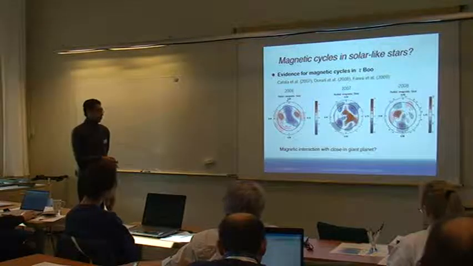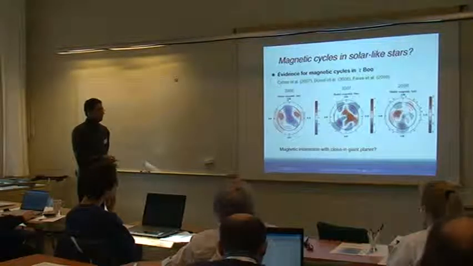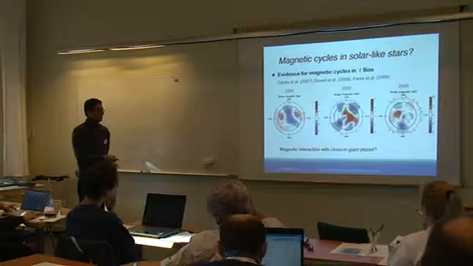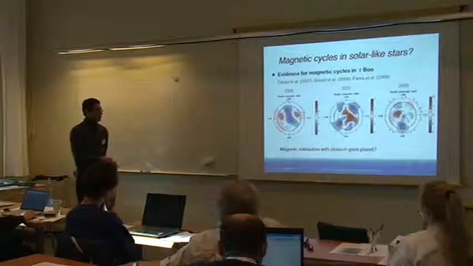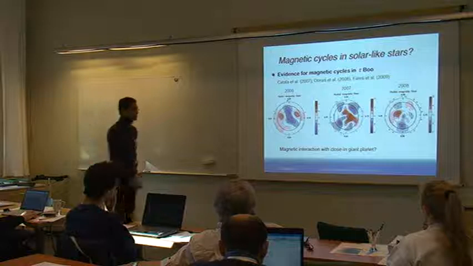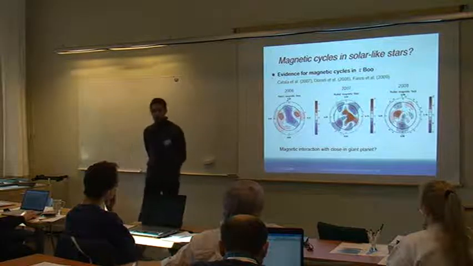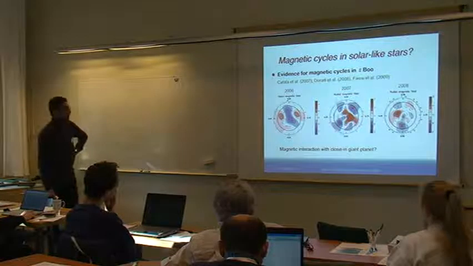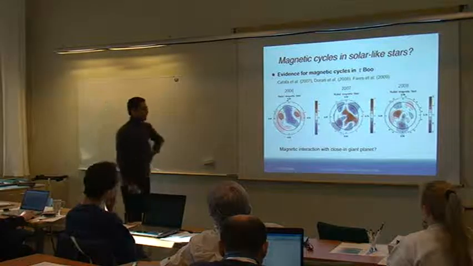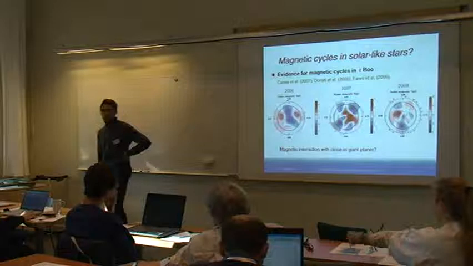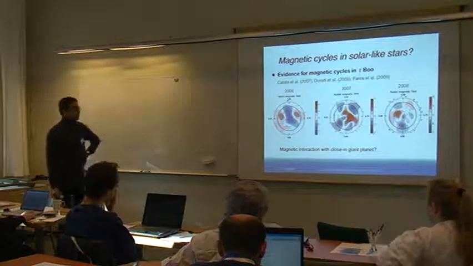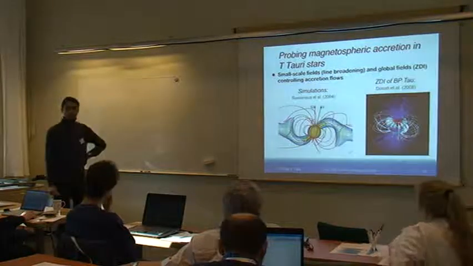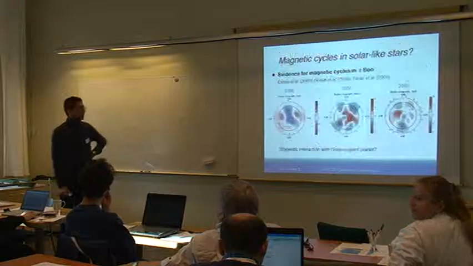And they say the dominant field topology changes with time, and this is possibly an indication of the cycle. I don't know how to interpret that, but this is the claim. Cycles have been observed on solar stars. A 1 year cycle. Yeah.